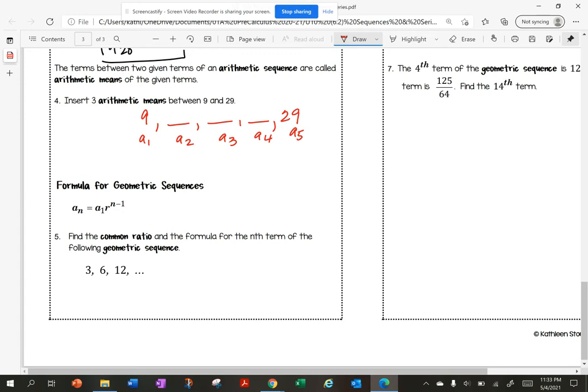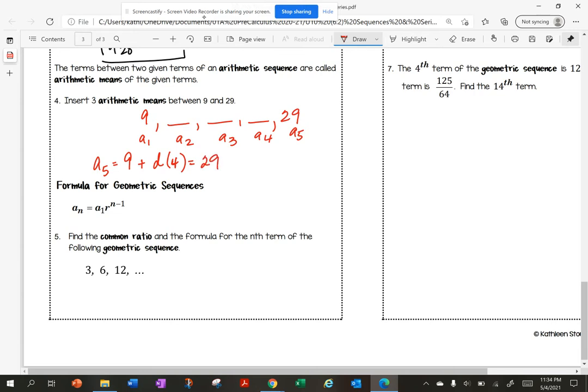So I can write an equation to say my fifth term is the first term, which is 9, plus my common difference times n minus 1. So 5 minus 1 is 4, and I know that term equals 29.